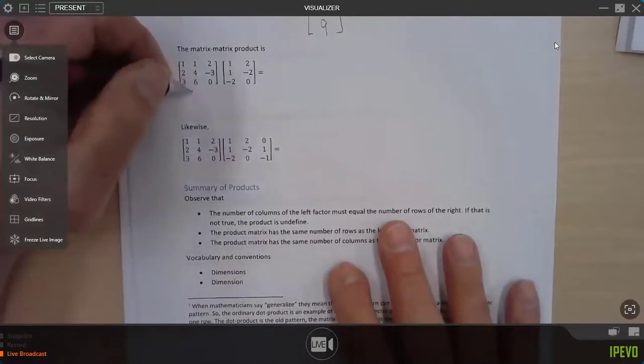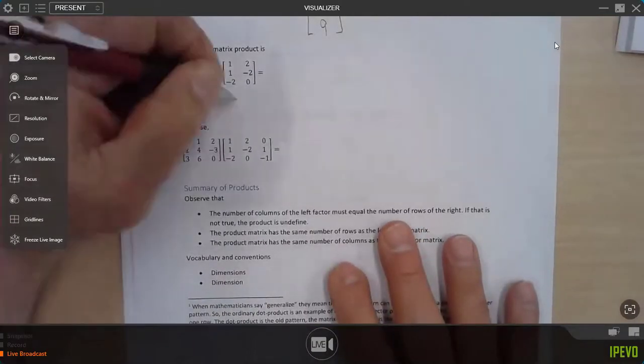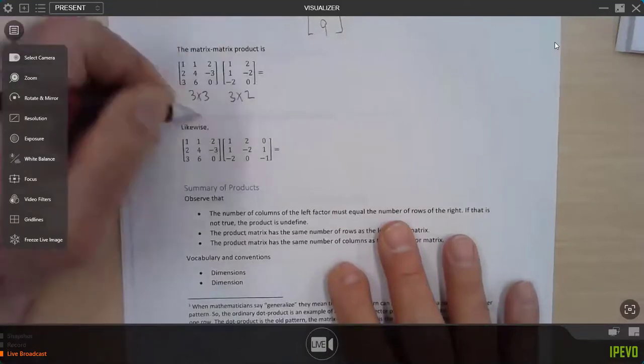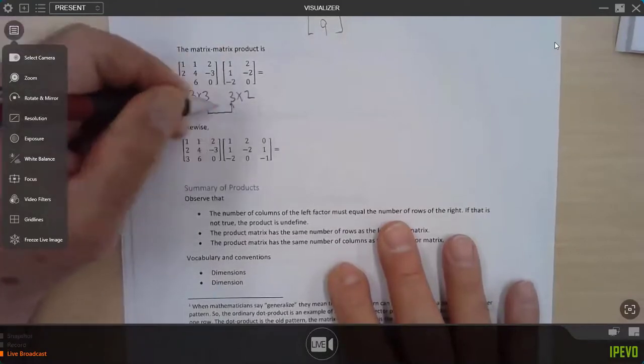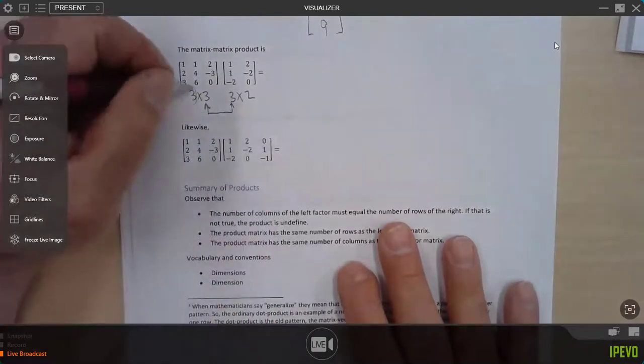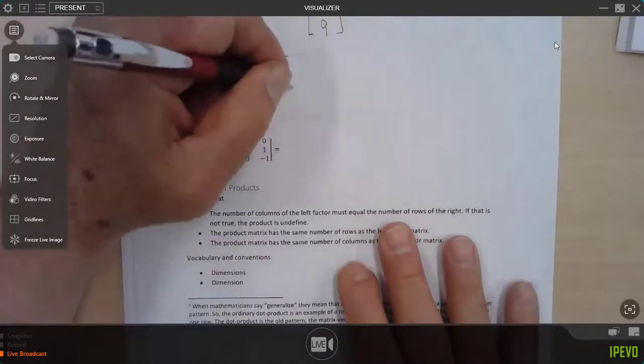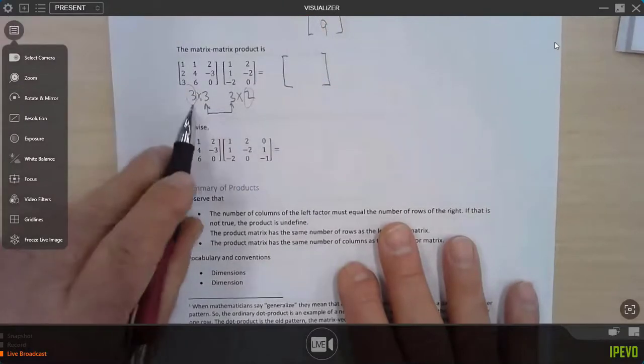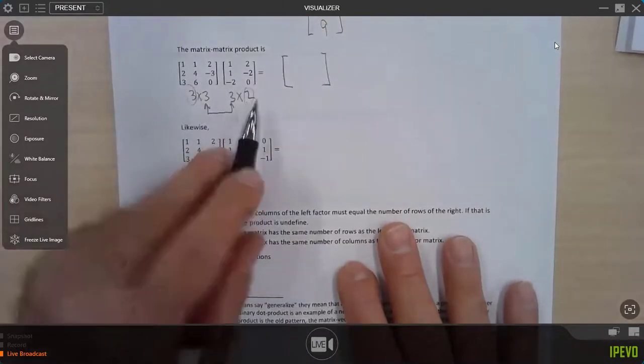So this one, for instance, is 3 by 3. This is 3 by 2. Those two have to agree or the product is undefined, but then the resulting matrix is going to be a 3 by 2 matrix.